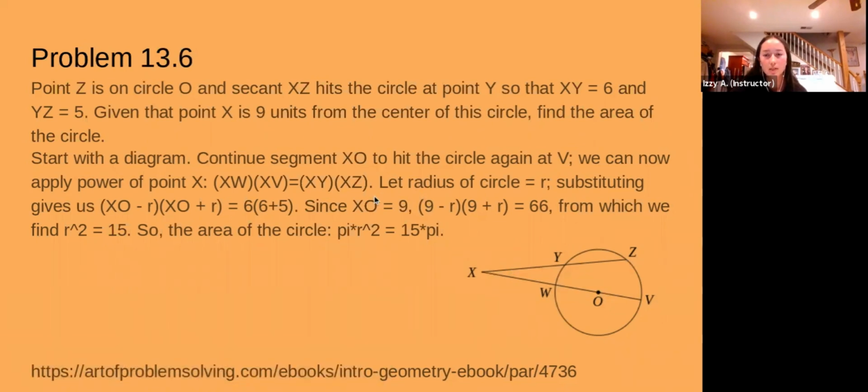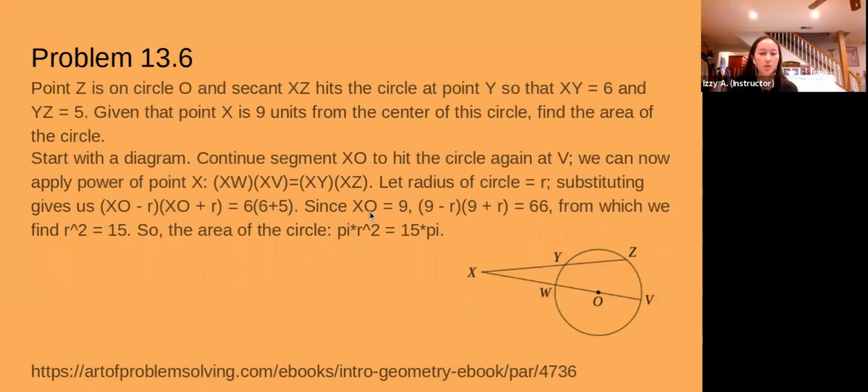Now we're going to let the radius of the circle equal R, and we can substitute to get XO minus R times XO plus R, and we set that equal to 6 times parentheses 6 plus 5.